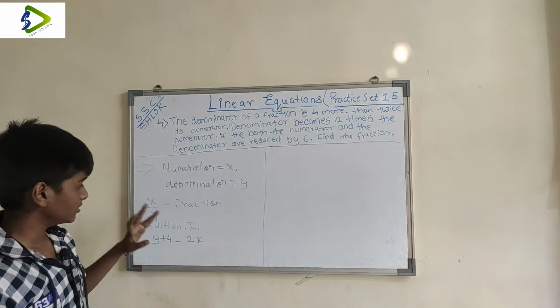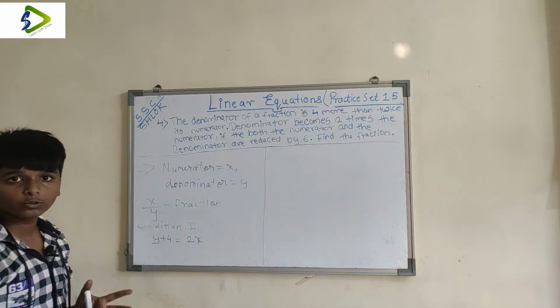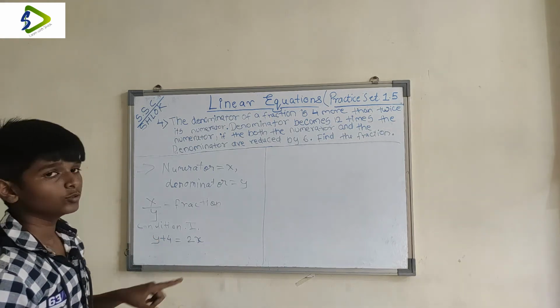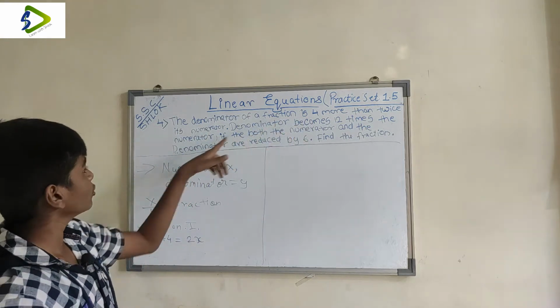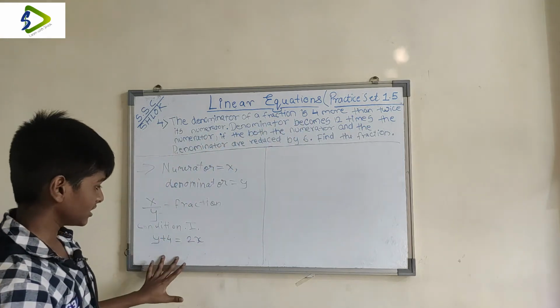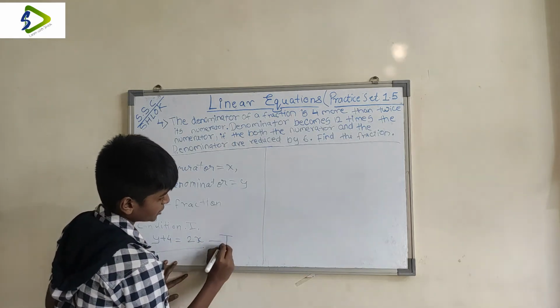Even if we multiply the numerator by 2, we still have to add 4 to y, then only we get the values same. So that is condition 1, and let's write it down as the first equation.